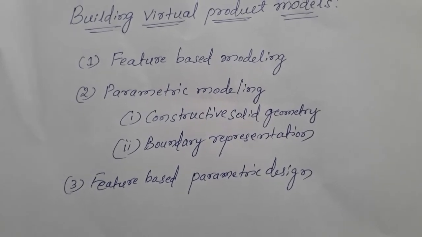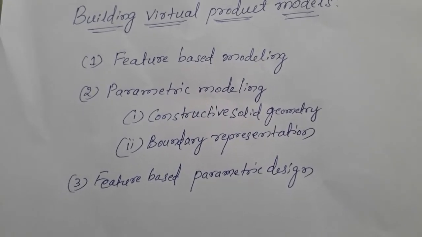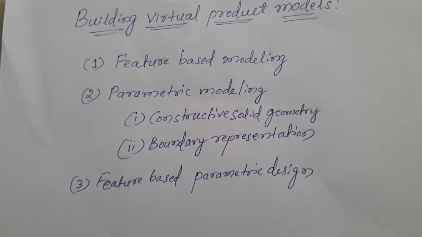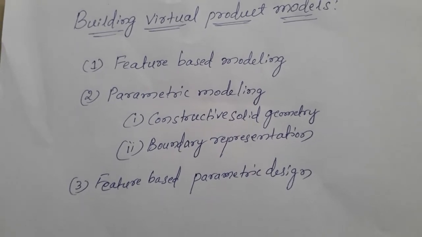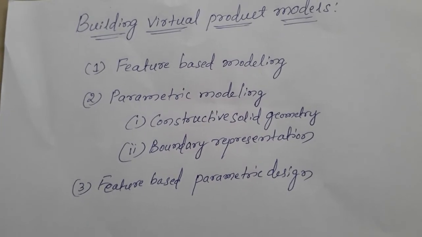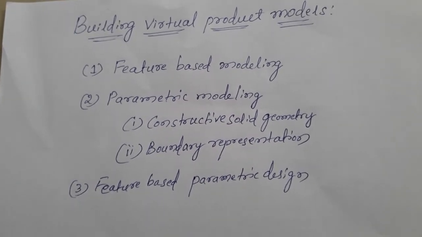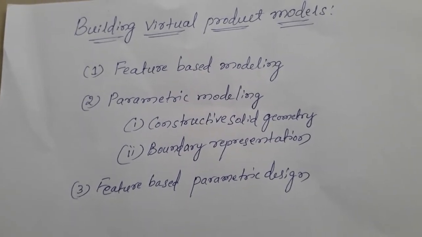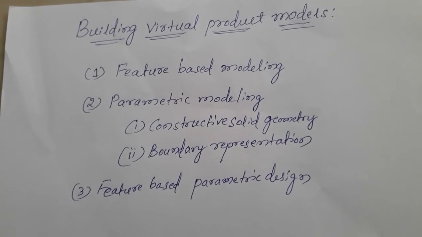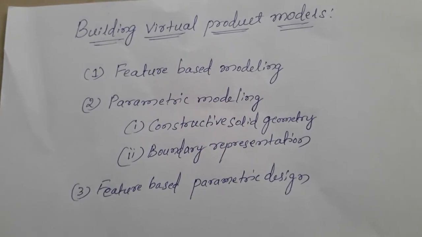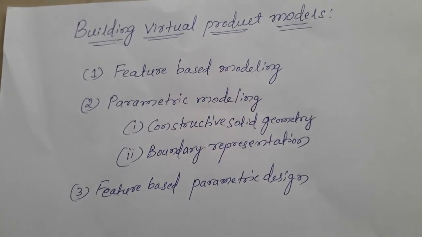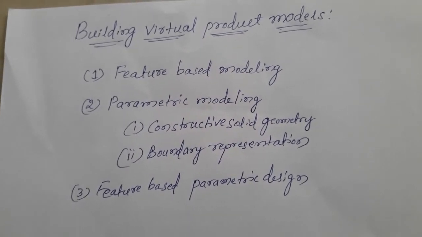In constructive solid geometry, you build a model by combining basic and generated solid shapes. Some basic models are there that we combine, or some solid shapes were already generated that we combine, to generate the model. That is constructive solid geometry.